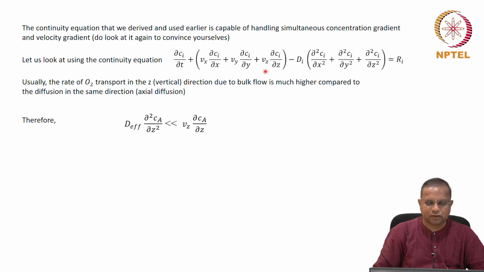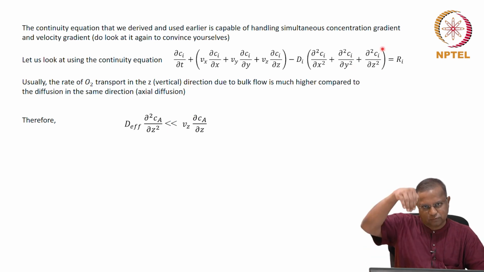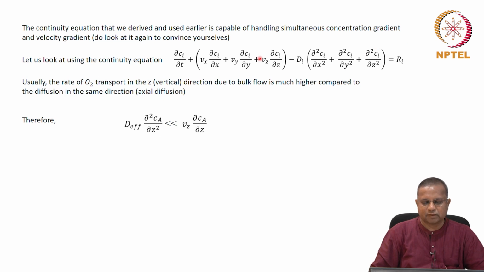This term is the one that corresponds to the convection transport, and this term is the one that corresponds to the diffusion transport, both in the z direction. And since they are added together, if this is going to be much smaller compared to this, we can ignore this, right?